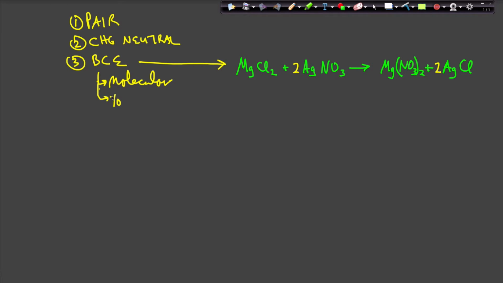And so there we need what is called the total ionic equation. And you do that merely by breaking everything down into ions that comes apart, if you will, in solution. So magnesium chloride does. And by the way, you get that information from a solubility table.